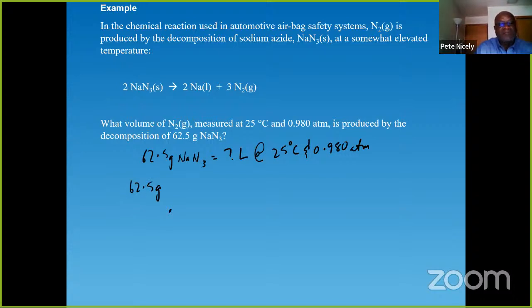Okay, so what I would do is start off with 62.5 grams of sodium azide. And I would convert that to moles, which means I need to multiply this by 1 mole of NaN3 divided by the molar mass. So let me calculate the molar mass of NaN3.